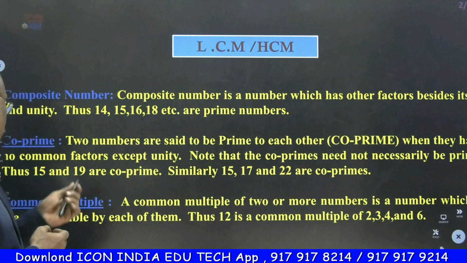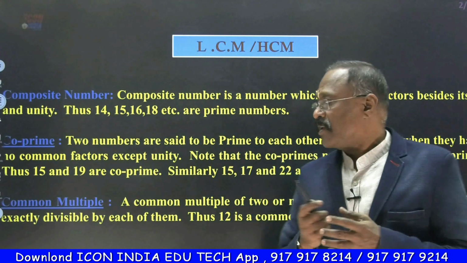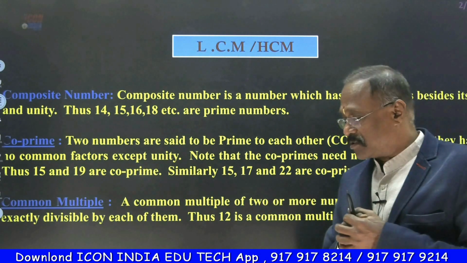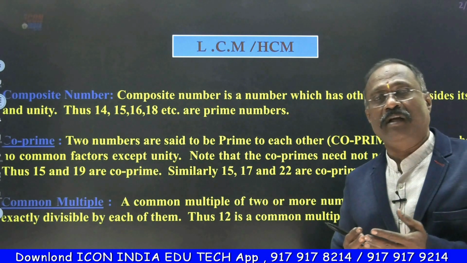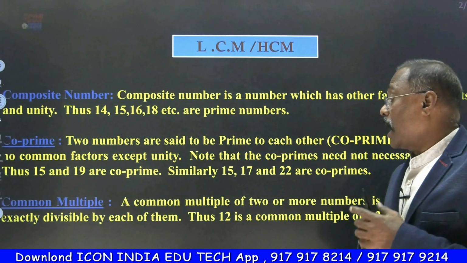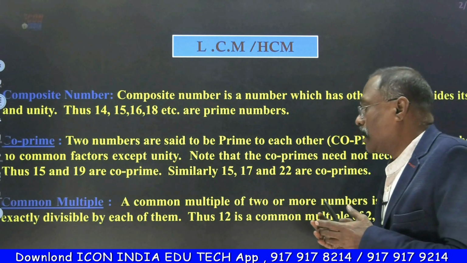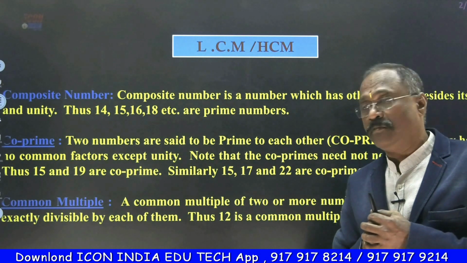That is, if you take the example, 15 and 19 are co-prime numbers. Similarly, 15 and 17 and 22 are co-prime numbers. Obviously, every number will have one as its factor, and other than that, if you have no common factor, they are also said to be co-prime numbers.